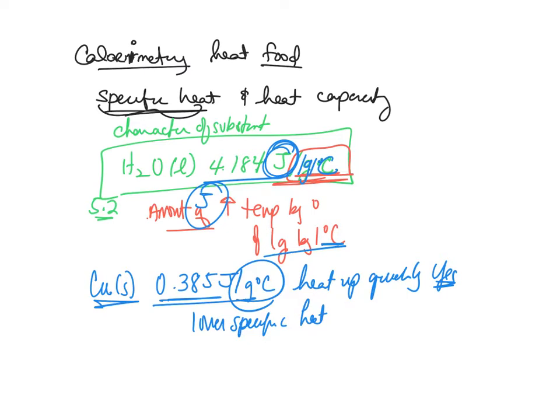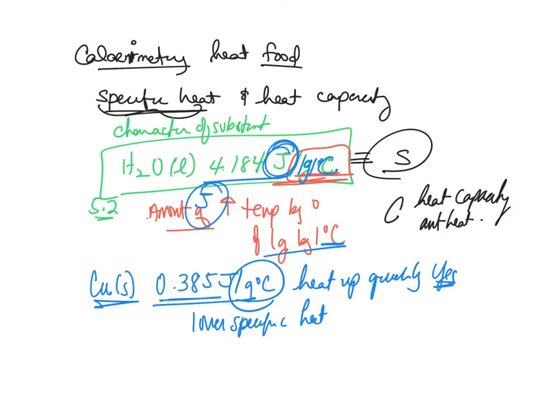Specific heat is known as S. Heat capacity is C. These are your formulas that you have to have memorized. Heat capacity is the amount of heat, so the amount of Q, joules, required to raise the temperature of an object by 1 degree.